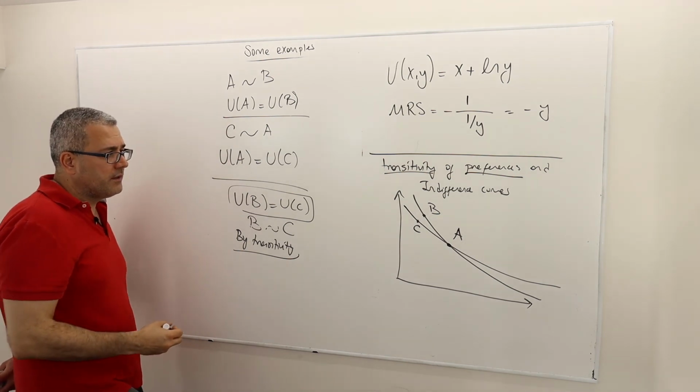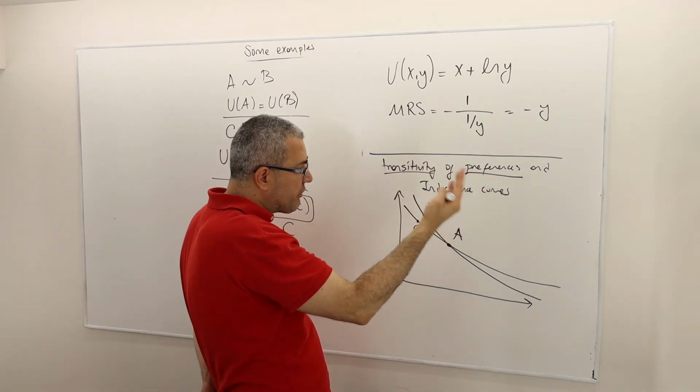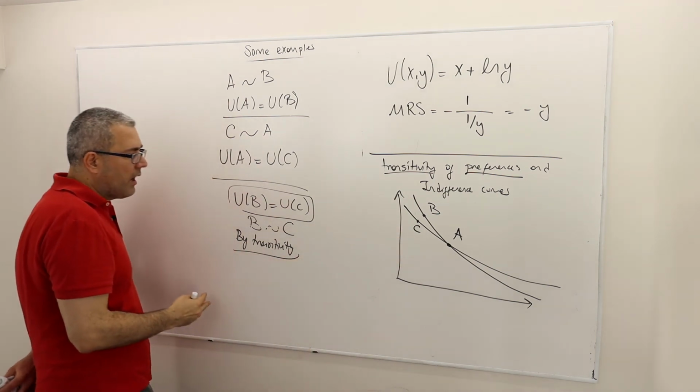Remember, I also said if your preferences are monotonic or increasing and transitive, well, clearly this can't happen. So how do I know that?